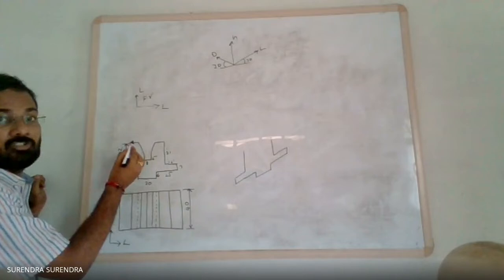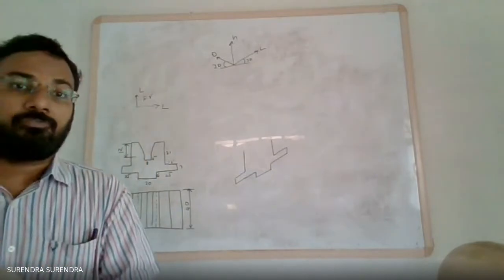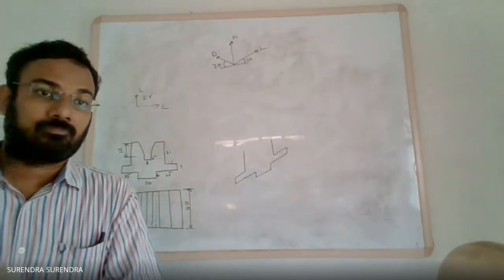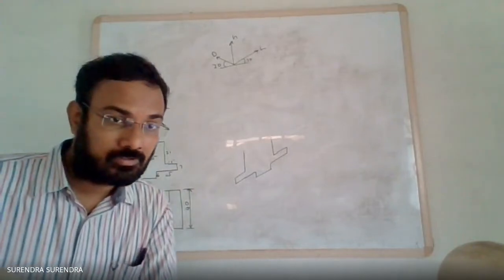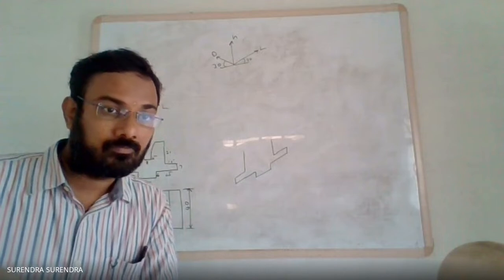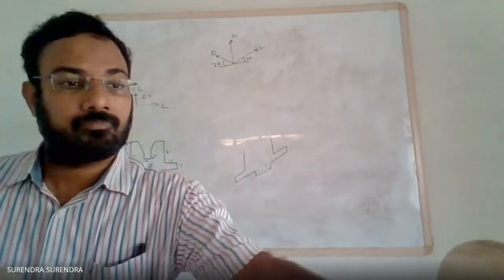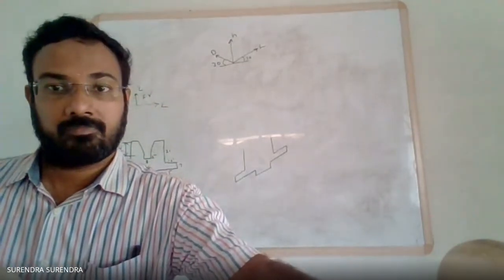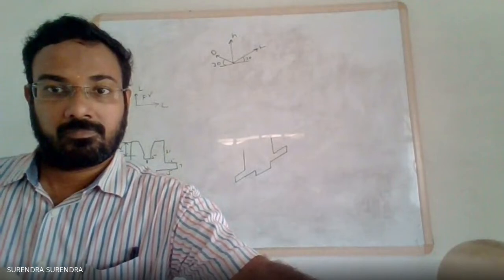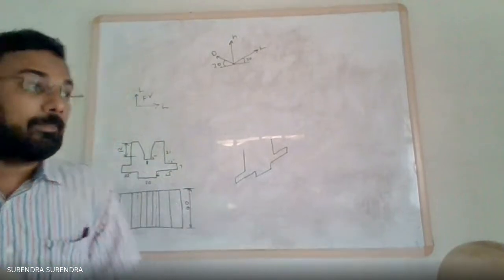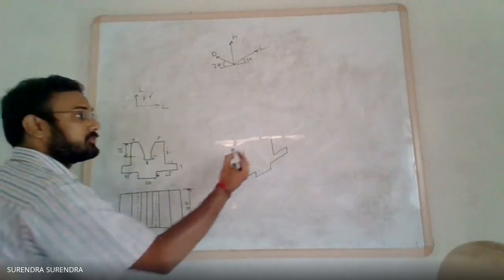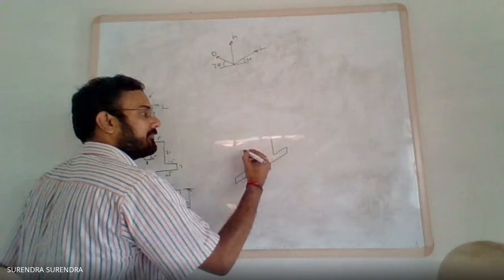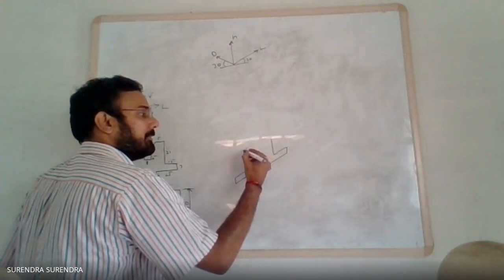And here again the top line, the top surface, is for a width of 8 mm. So from these two end points, draw 8 mm lines.